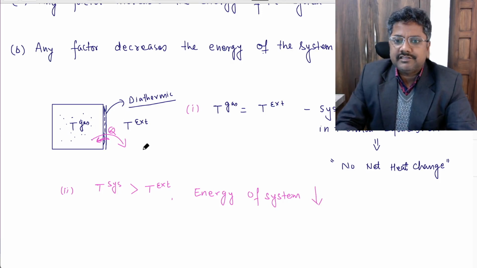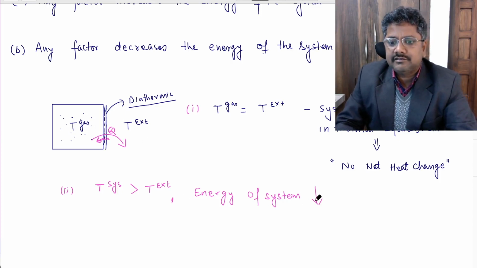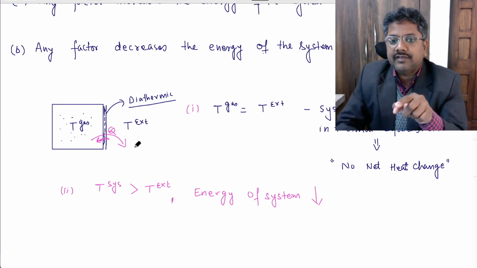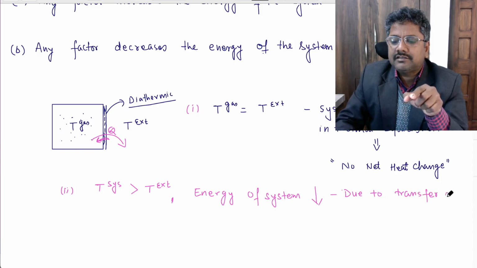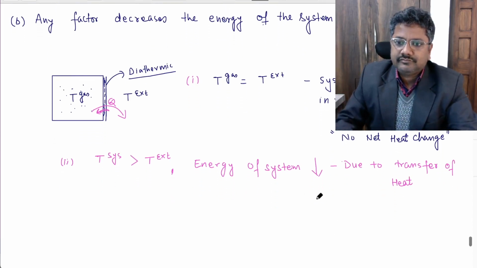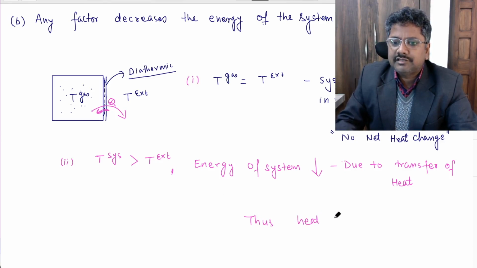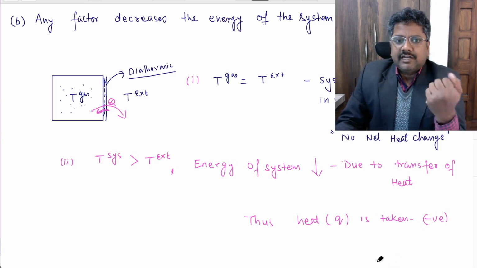Due to the transfer of heat, thus heat Q is taken negative, because this heat is decreasing the energy of the system.